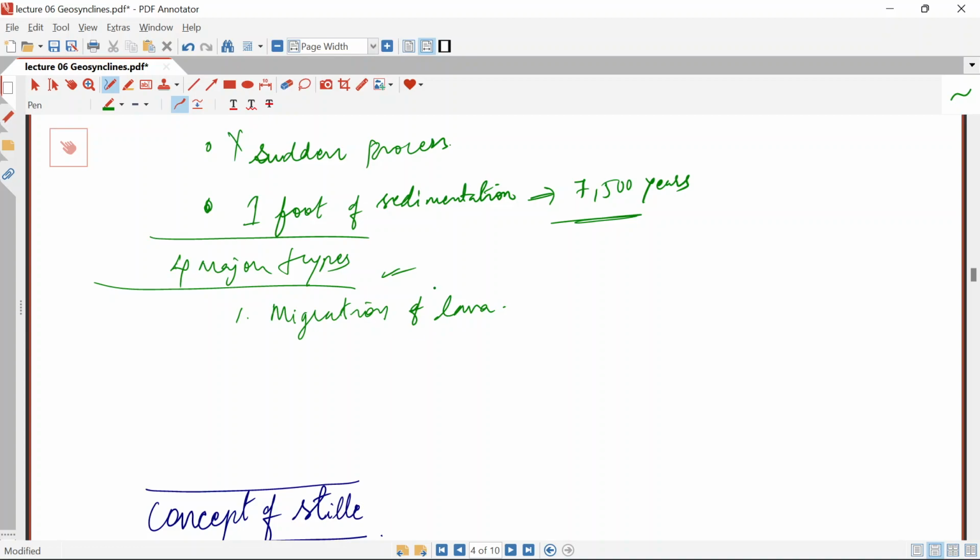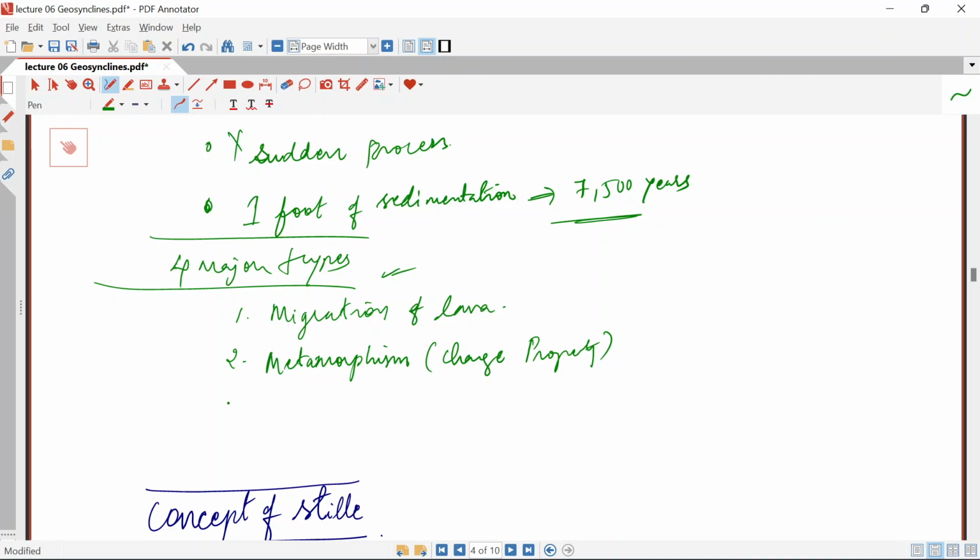Due to lava migration, there is a formation of a geosyncline. The next one is metamorphism, that is, a change in rock property. Rock changes its property. This is what metamorphism is.